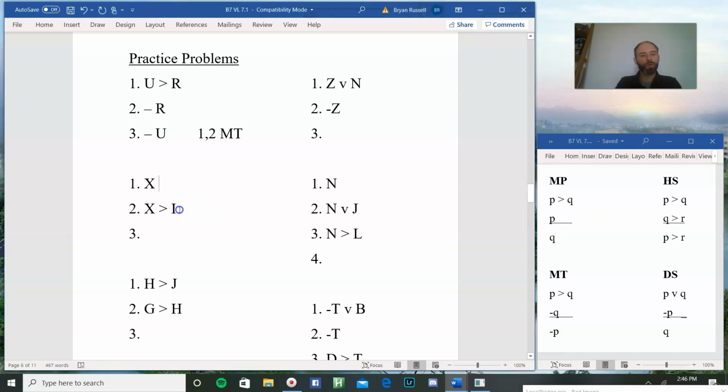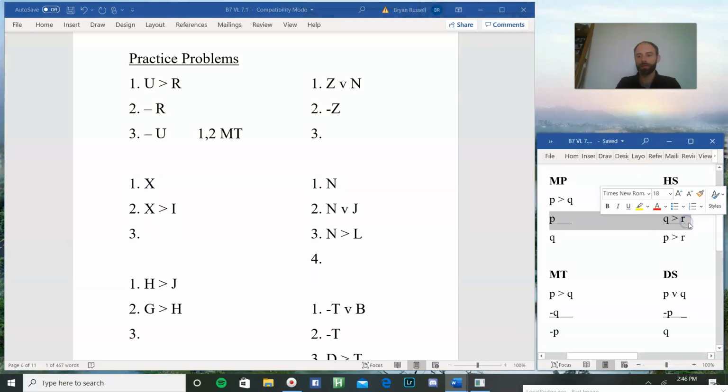So we're looking for a rule where we're given a horseshoe and given the antecedent. So that's not going to be HS. HS has 2 horseshoes when we're given 2 horseshoes. MT denies the consequent. So the rule we're looking for is MP.